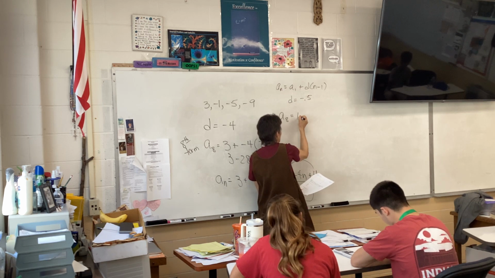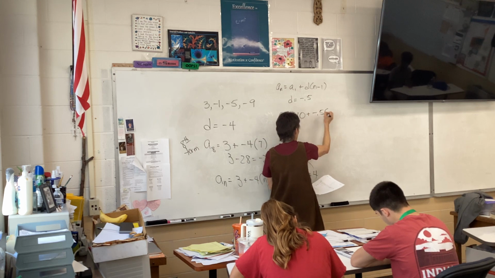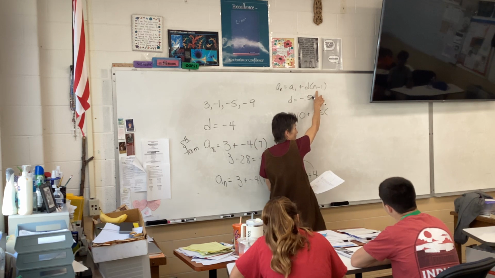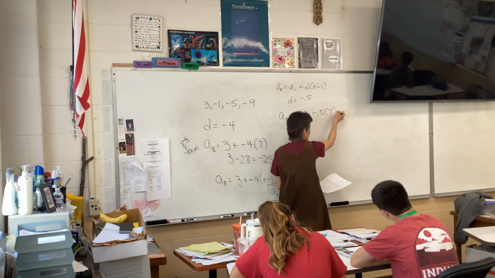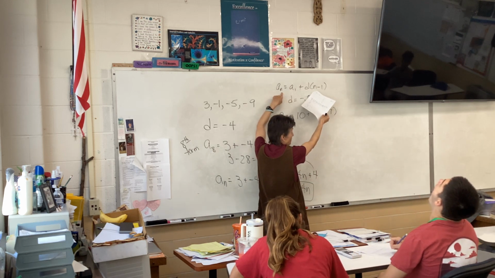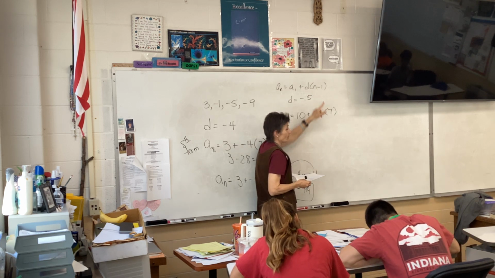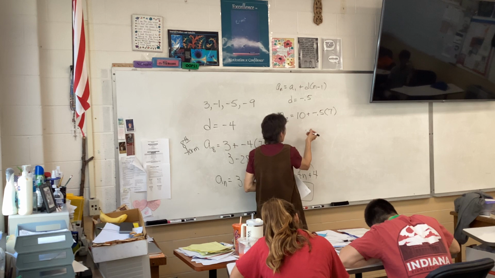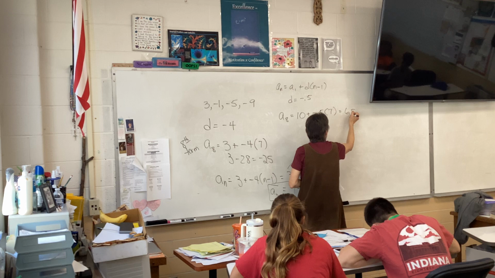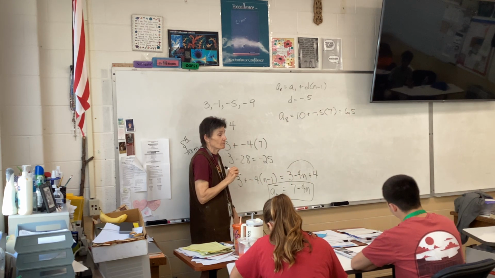The first term, which is 10, plus -0.5 times what? 8 minus 1, or 7. That n and that n are the same number. So if you're doing A sub 8, then n is 8. So what is 10 minus, is that 6.5? You're going to need a calculator for all these problems too, just like you did in the first part of the chapter.